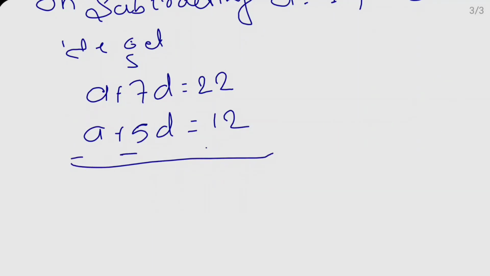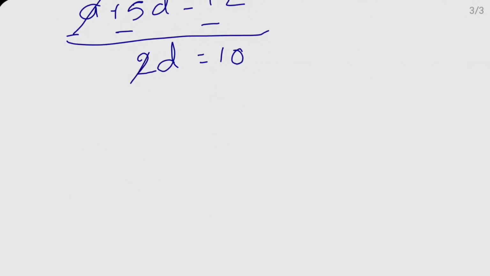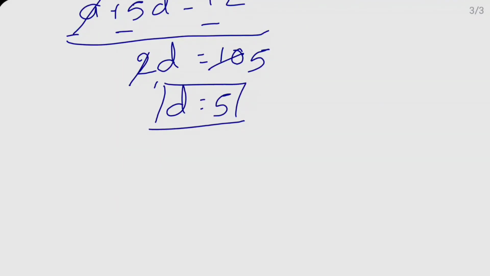Subtracting means the opposite symbol. Minus a plus a get cancelled. 7d minus 5d we got 2d, and this equal to 22 minus 12 is 10. So now 2 ones are 2, 2 fives are 10, so d equal to 5. Here we got d is 5.